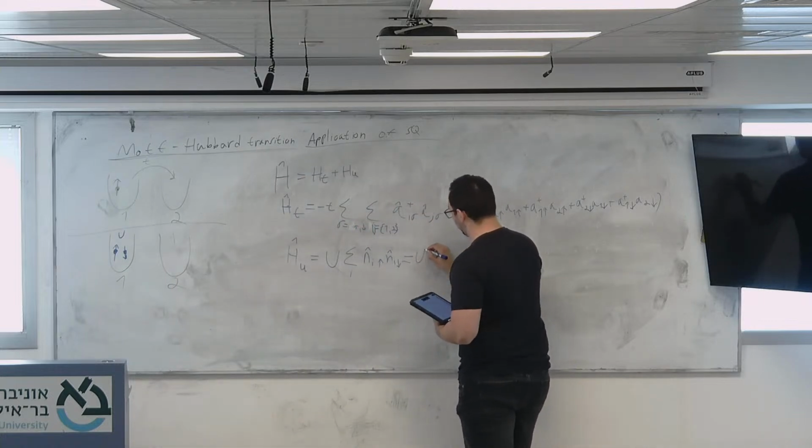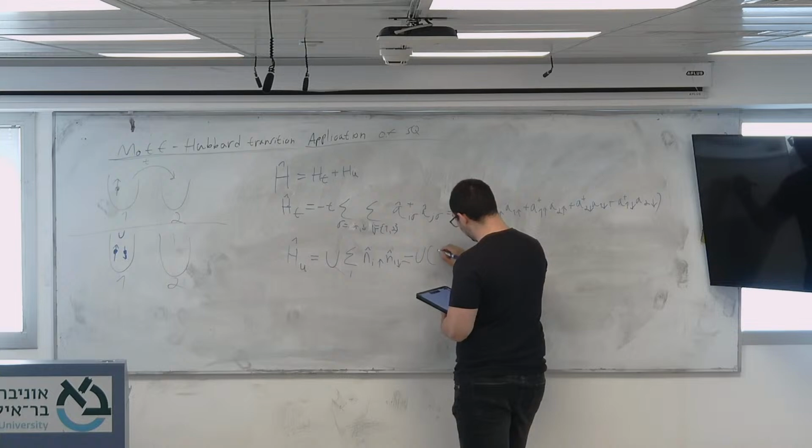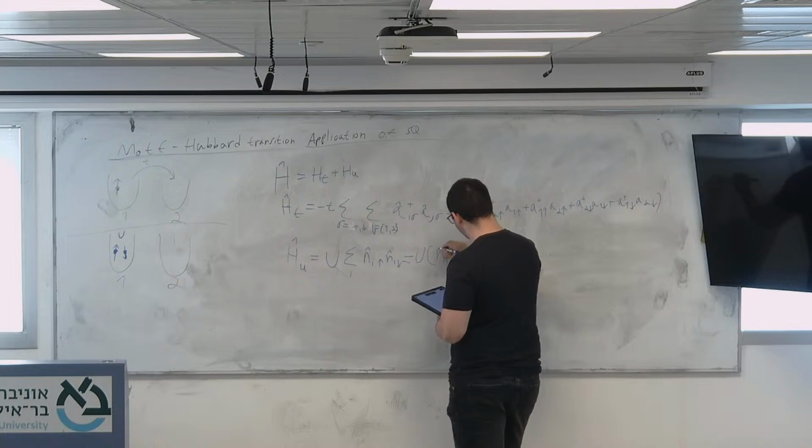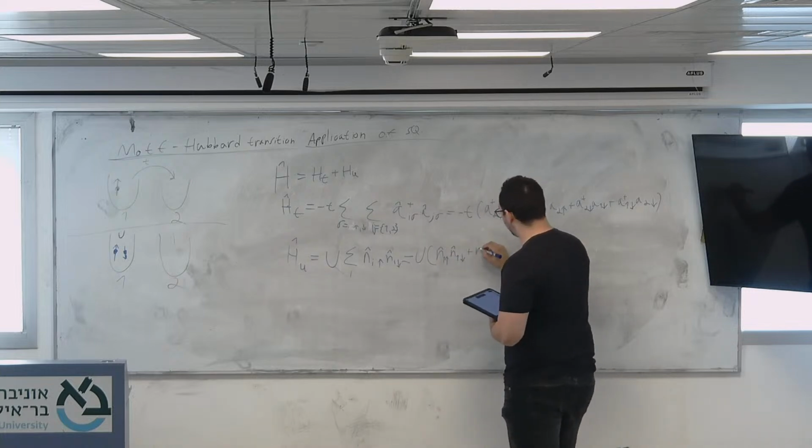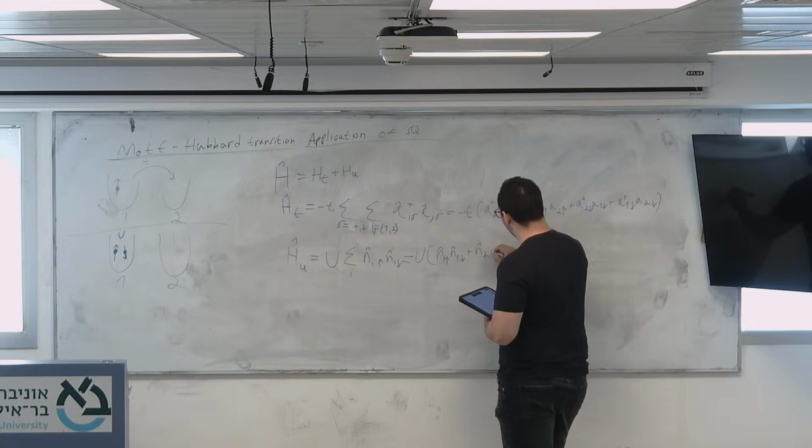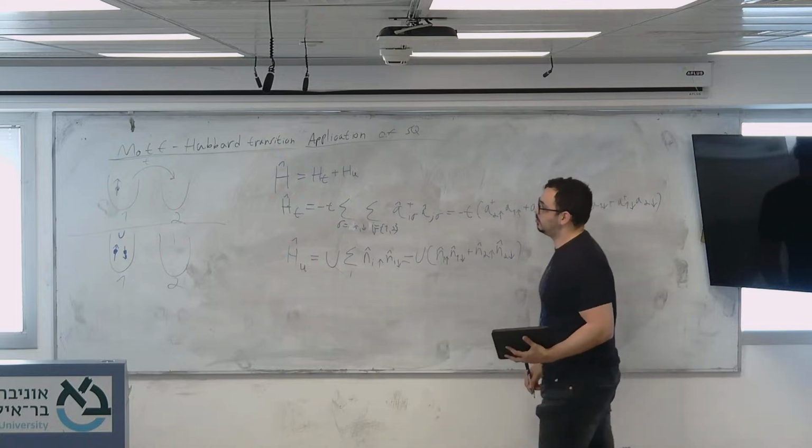Or explicitly U times n_1 up n_1 down plus n_2 up n_2 down. Right, this is our basic Hamiltonian.